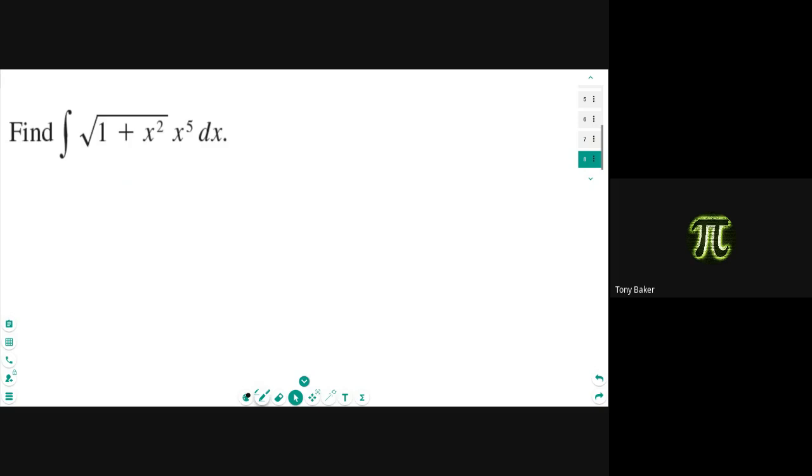Like if you have u equals 1 plus x squared and have another sort of variable. You could, but then you'd have multiple things trying to replace dx. What did you try? What were you thinking of trying? Right, u equals 1 plus x squared. So then du is going to be what?